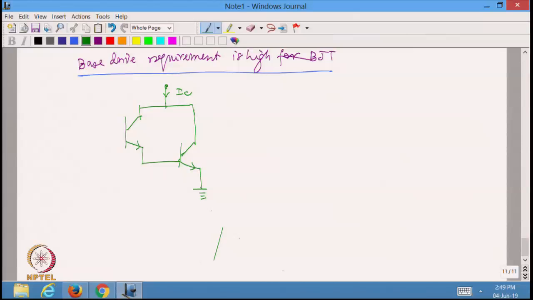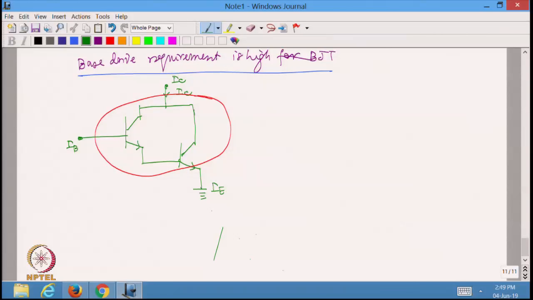You can look at this entire thing as one unit, with this as the overall base, this as the overall collector current, and this as the overall emitter terminal of this transistor pair.